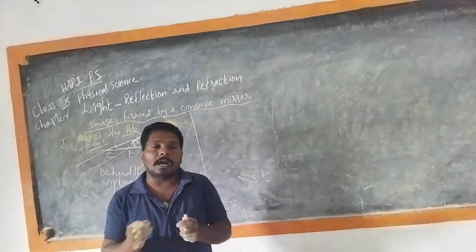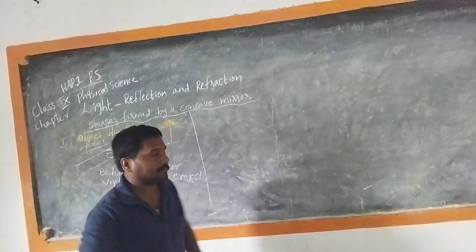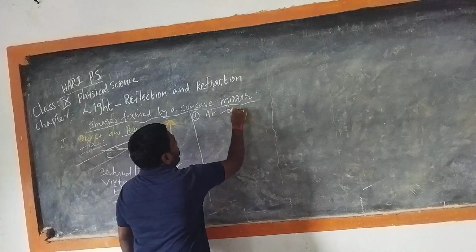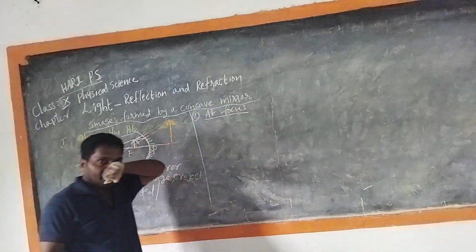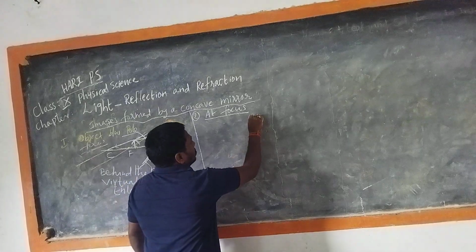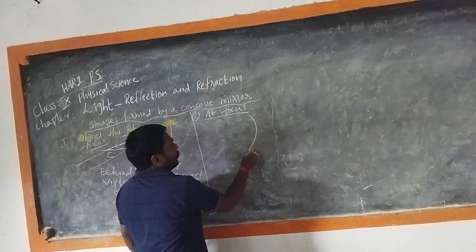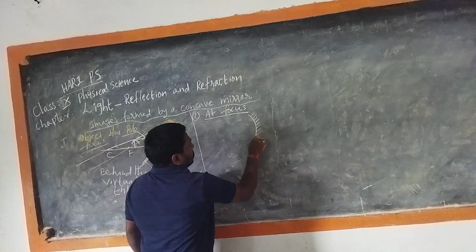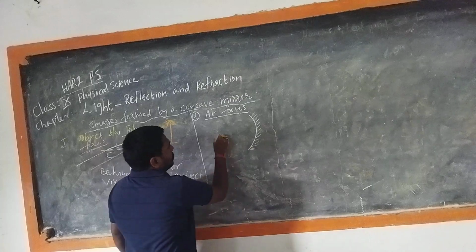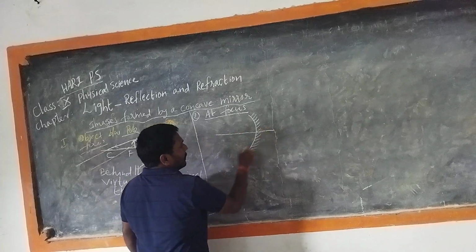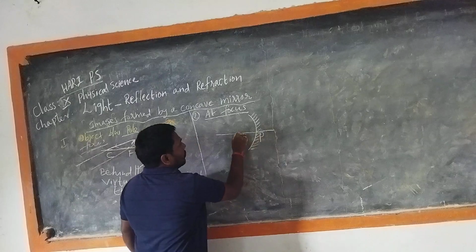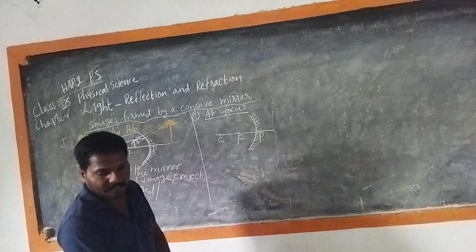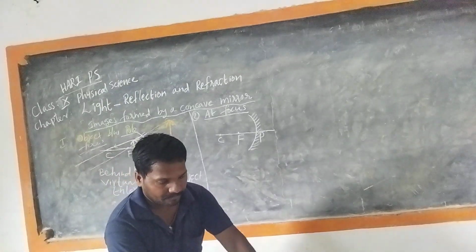Then the second one. What happens if the object is placed at focus? Second one is at focus. So, concave mirror, principal axis, pole and focus, as usual the center of curvature.